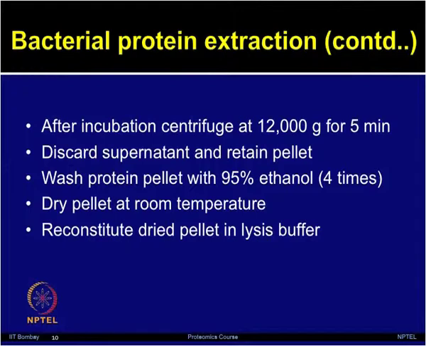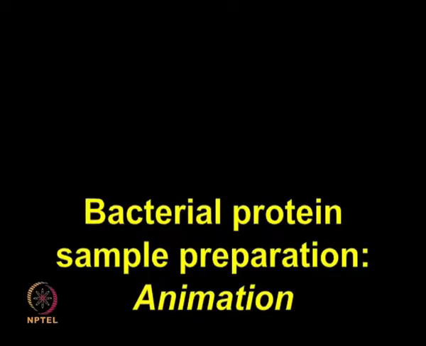If you are going to perform 2-dimensional electrophoresis, you need to add the lysis buffer which contains urea, CHAPS, thiourea and different other components which we have discussed previously. Or if you want to analyze on SDS-PAGE, you can add the Laemmli buffer. So, depending upon your application, you can reconstitute the pellet in the right buffer composition.